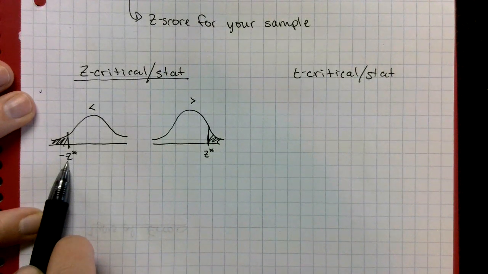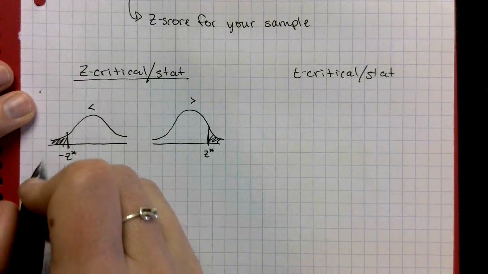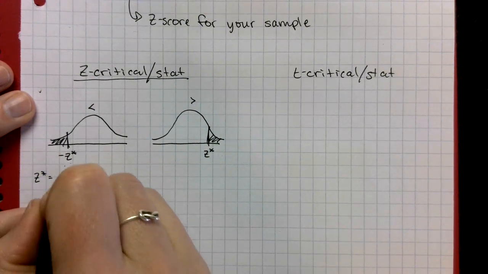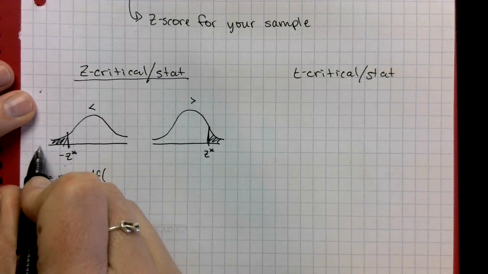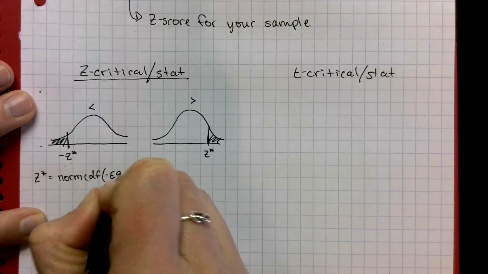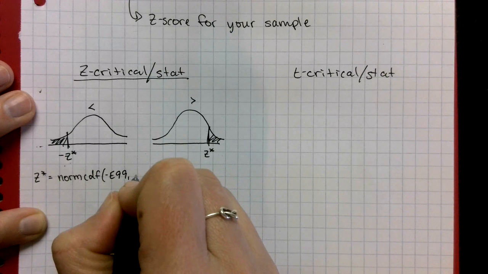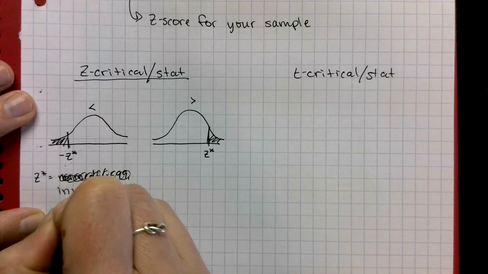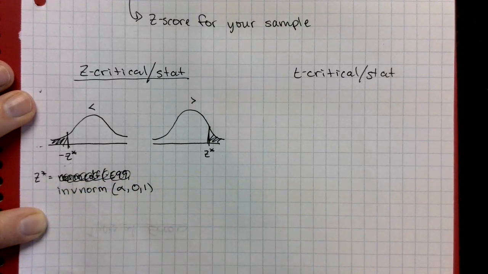So based on what we know just about the number lines, this one is going to be on the left, so it's negative. The one on the right is going to be positive. So in order to find your z-critical on the left, what you have to do is inverse norm, your alpha value, 0 and 1.